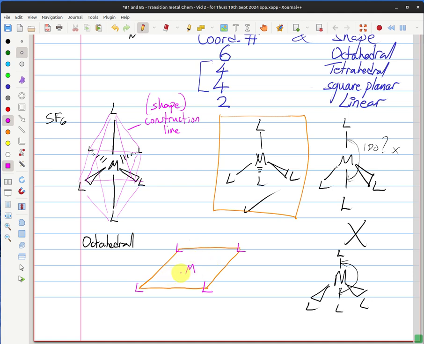So this is a three-dimensional shape. So these bonds closest to you, at the bottom, are actually coming out of the plane. These ones are going into the plane at the back. So that's how you draw a square planar shape.